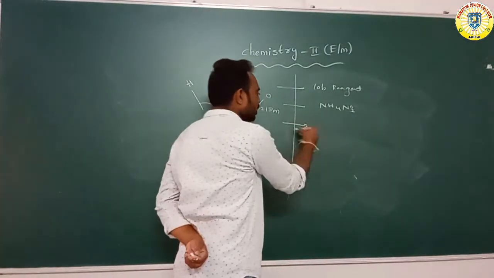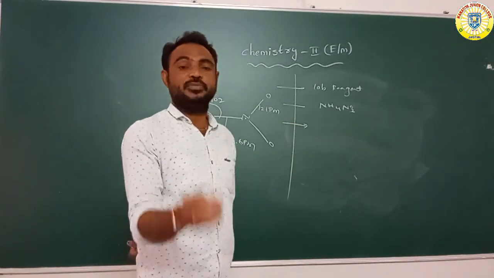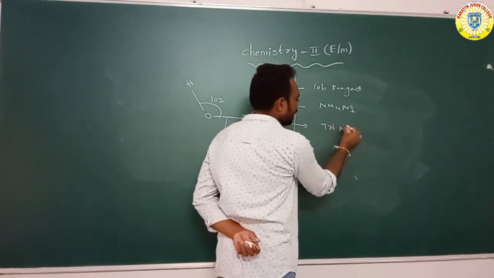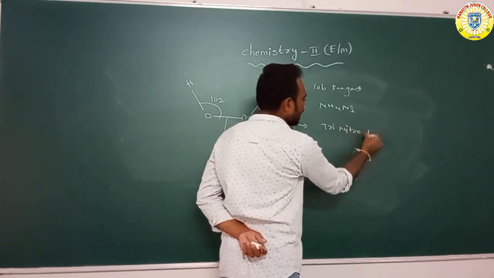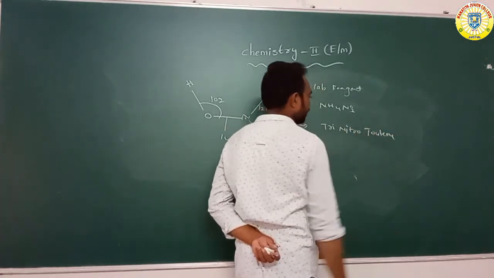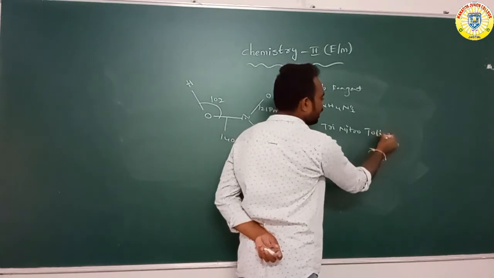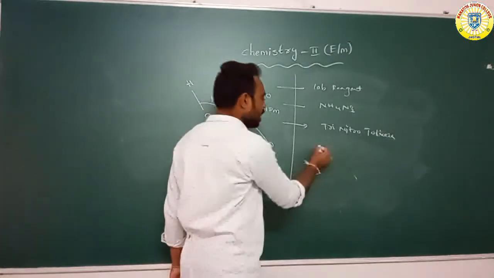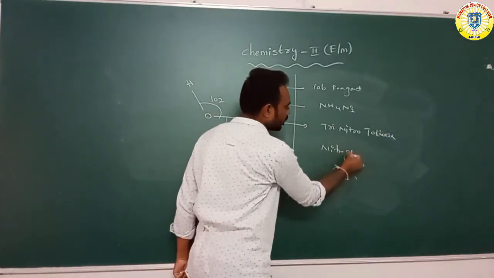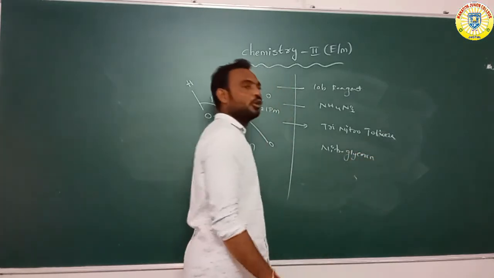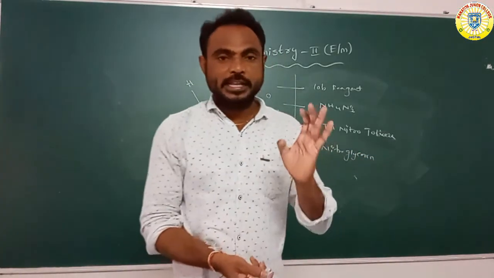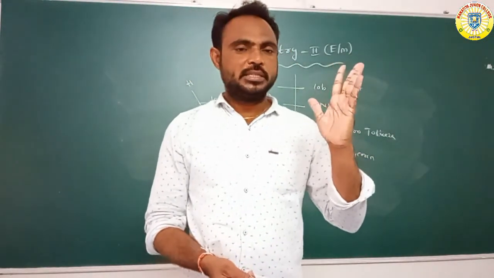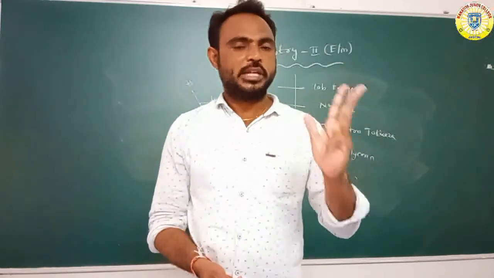HNO3 is also used for some specific compounds, that compound is trinitrotoluene. Or it is also used for the preparation of nitroglycerin. So what are the uses?